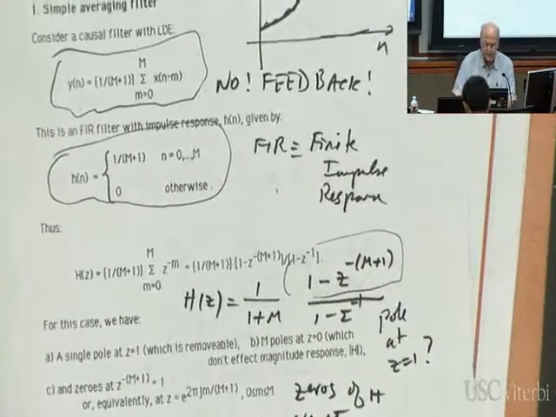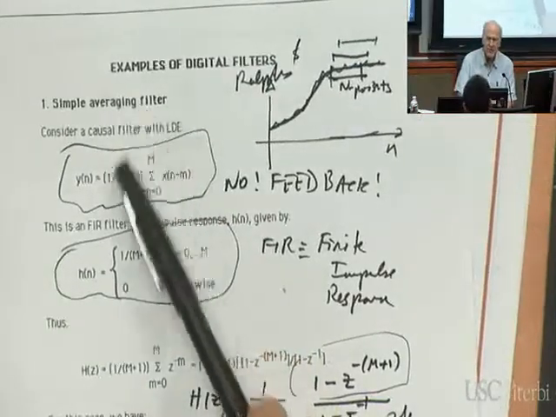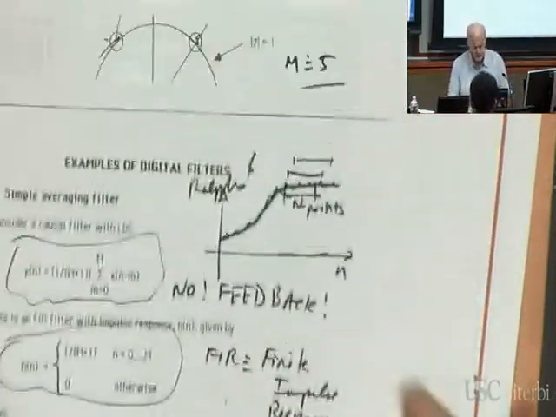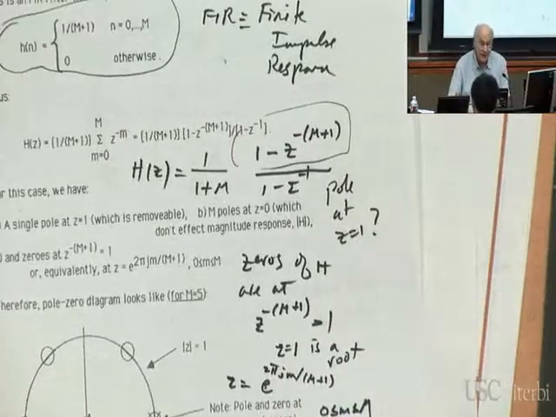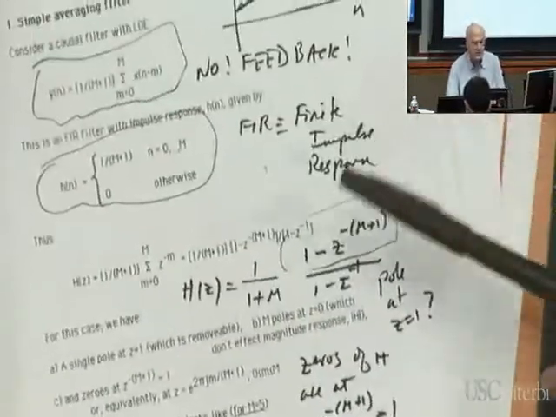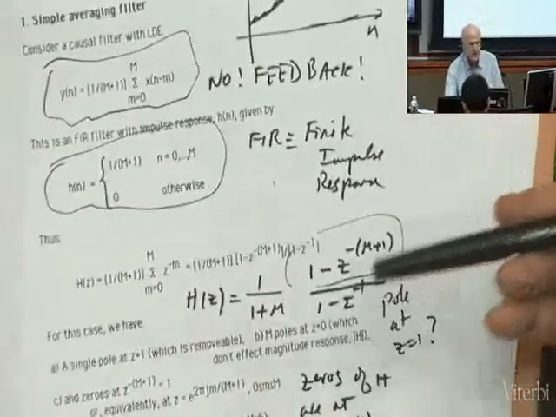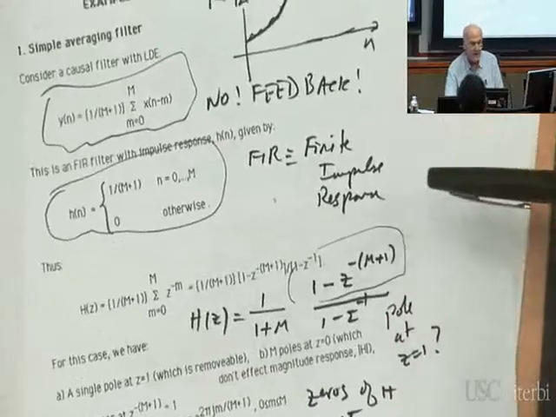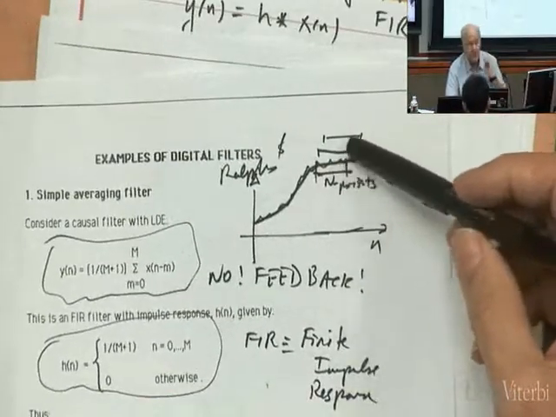Then we started talking about specific examples of digital filters. We talked about the simple averaging filter, where basically the filter takes a running average, and then we characterized it in DSP terms in terms of an actual impulse response, which turned out to be finite, assuming that we're averaging over a finite number of samples.